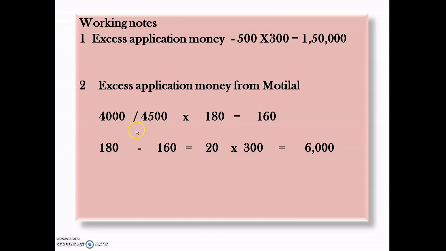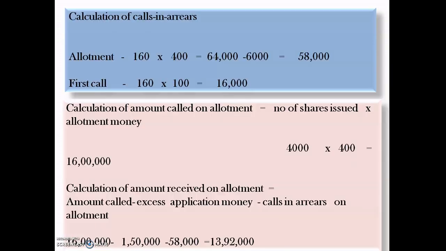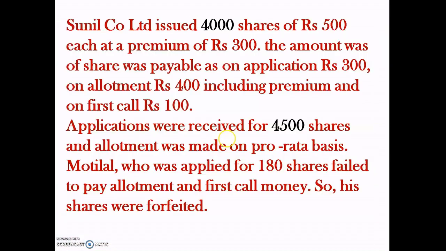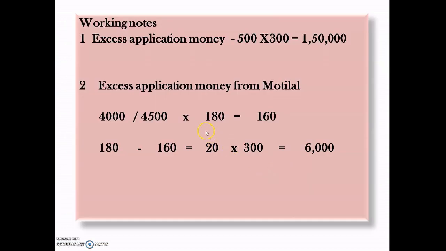So we take 4,500, the number of shares received, as the denominator, and on the upper side 4,000, the issued shares, multiplied with 180, Motilal's applied shares.